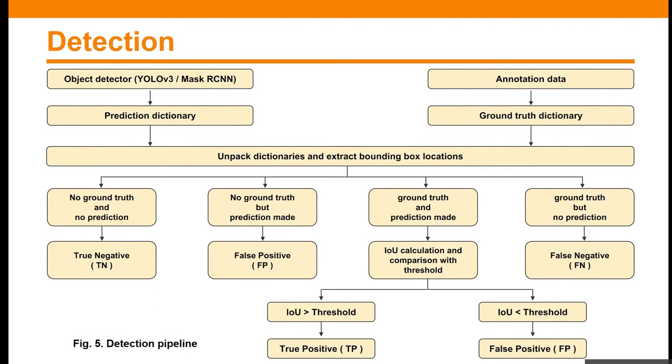But we need to do one more check, and that is we need to calculate the intersection over union of the prediction bounding box and the ground truth bounding box. If this IOU value is greater than a particular threshold, which is 0.7 in our implementation, then it is considered a true positive, and if it is less than this threshold, then it will be considered a false positive.